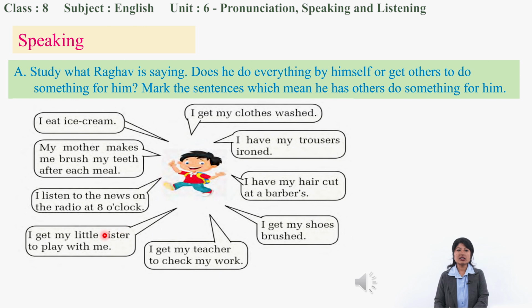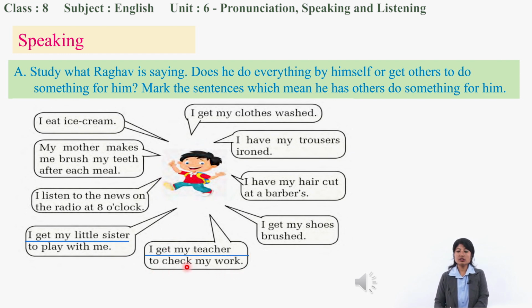That's why we can underline sentences like I get my little sister to play with me. Though I have underlined only the first line, it refers to the whole sentence. I get my teacher to check my work, right?